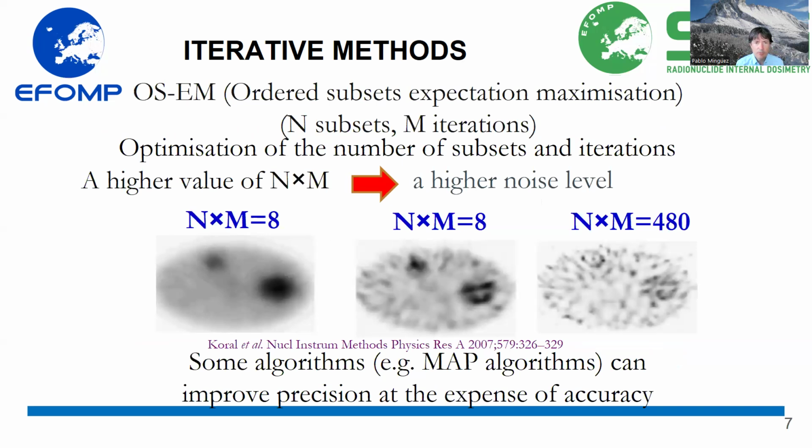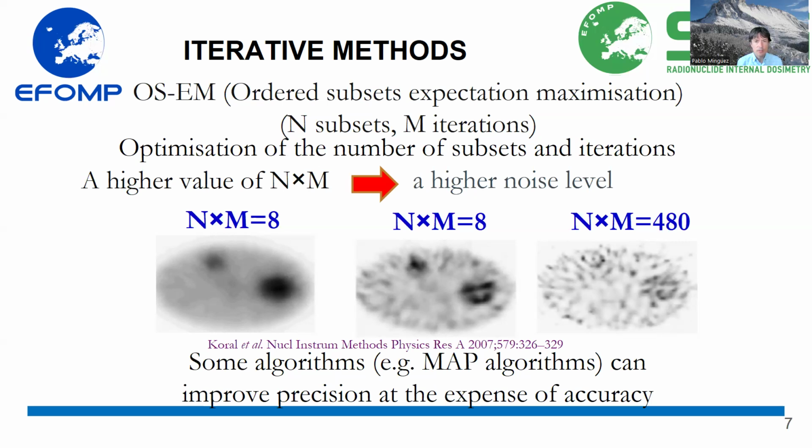Regarding iterative methods, one particular case of the ML-EM methods are the ordered subsets expectation maximization methods, in which instead of considering all the projections, we consider only some subsets of the projections.